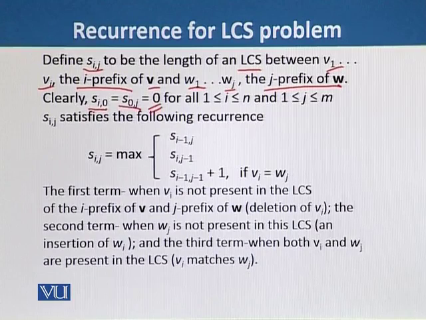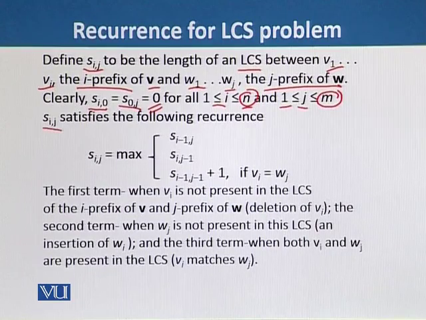And for all of these, 1 should be less than or equal to i, and i should be less than or equal to n, and similarly 1 should be less than or equal to j, and j should be less than or equal to m. Here m and n are the numbers of characters in the V and W strings.